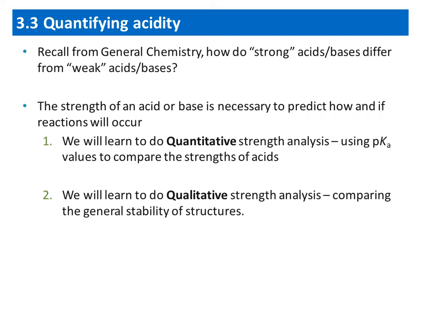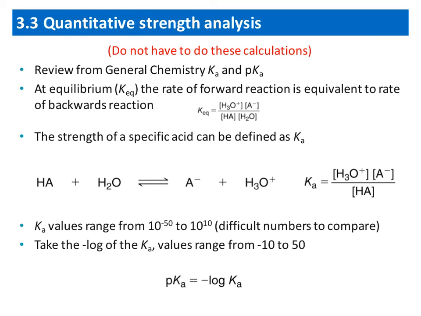There are a few rules that I'm going to talk about later in this video to analyze acid and base strengths and compare them with each other. In general chemistry, you calculated pKa values using these equations, as you can see here. We are not going to do calculations in this course. I don't want you to show any of that.